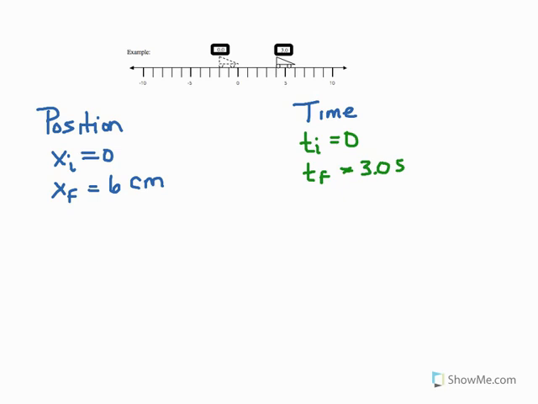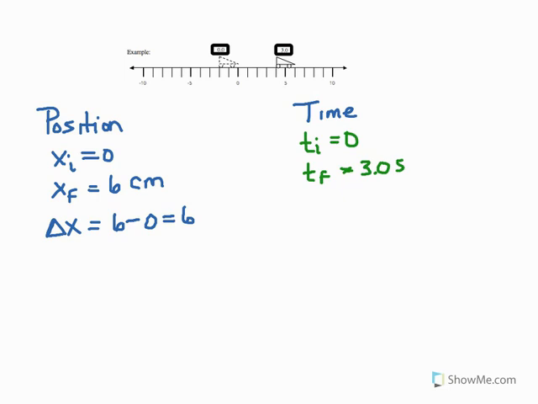Okay, so we need to find the change in position. What is the change in position of the car? We use the symbol delta to represent the difference or the change in whatever you're looking at. In this case, it's the position. So we take the final position, 6, minus the initial position, which is 0.